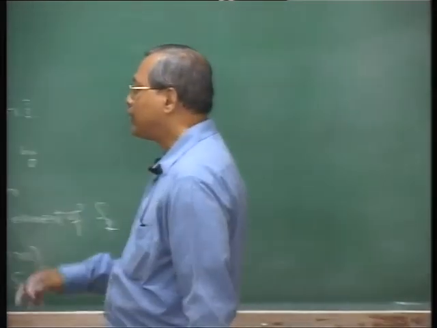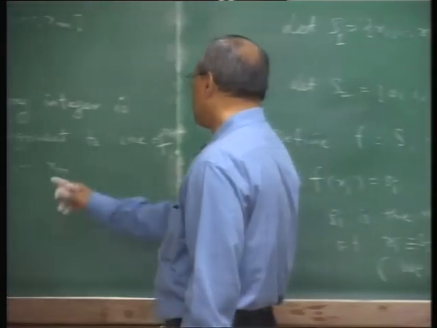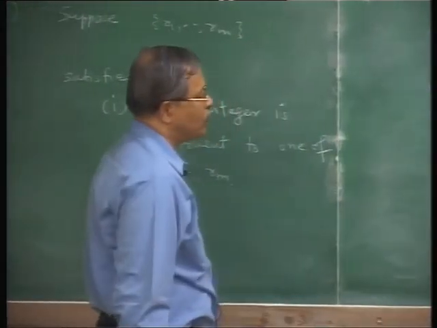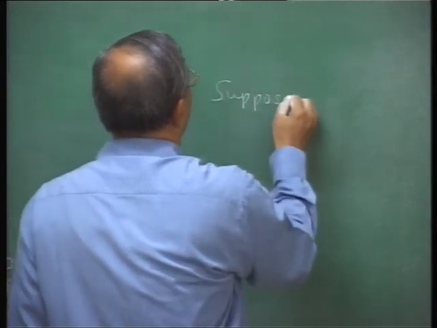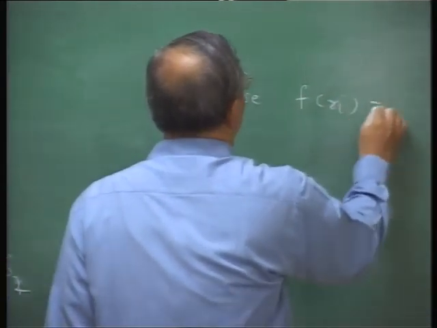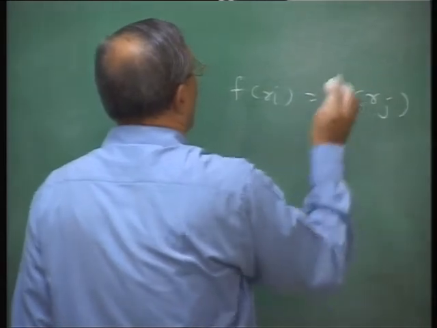Now every integer is congruent to one of the numbers R1, R2, Rm. So suppose f of Ri equal to f of Rj.